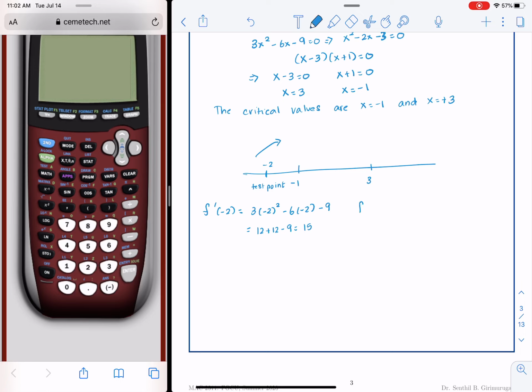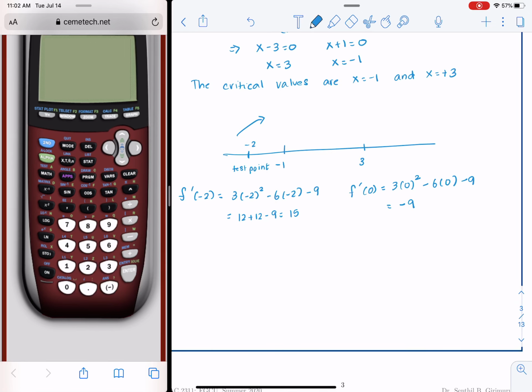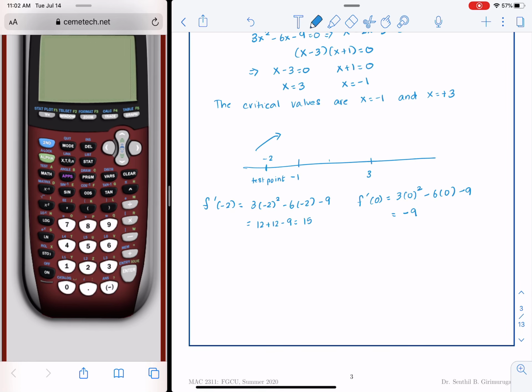Pick an easy number between negative 1 and 3. I'm going to pick 0. 3 times 0 squared minus 6 times 0 minus 9. I end up getting negative 9. It's a negative number, so the function has to be decreasing over here because the test point gives us a negative first derivative. And pick an easy number greater than 3.